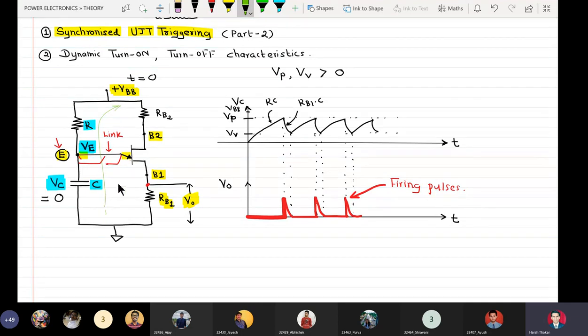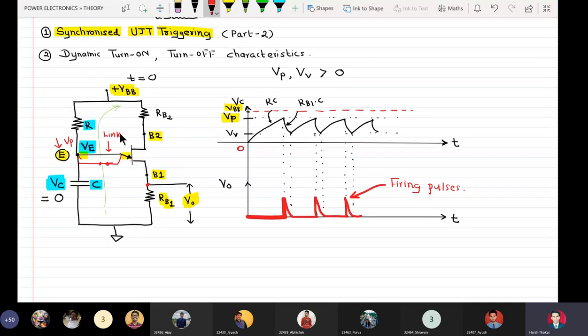The capacitor starts charging from 0 volts towards VBB, that is this level, and while charging from 0 towards VBB, it encounters the critical value, the peak point voltage. So the capacitor has now reached a potential equal to VP, and at this time this particular link, which was till now acting as an open circuit, starts acting as a short circuit.